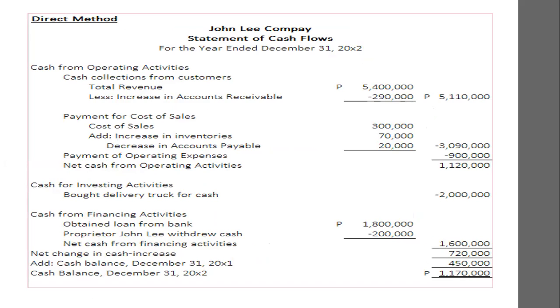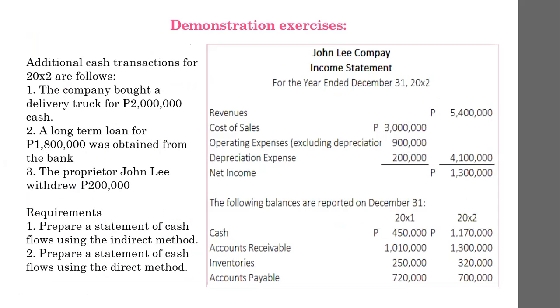Sabi ko nga sa inyo, ginamit po niya yung pinaka-starting ng income statement na revenue, total revenue. Ito po 5.4. Papakita natin ha. Under operating activities, cash collections from customers. Total revenue, 5,400,000.